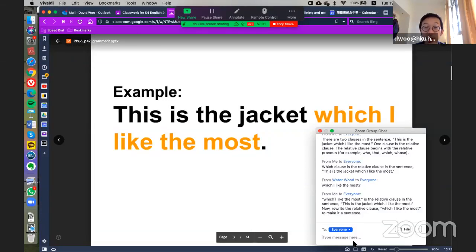This might be a little tricky, boys and girls. Which I like the most is not a sentence. Now make a sentence.